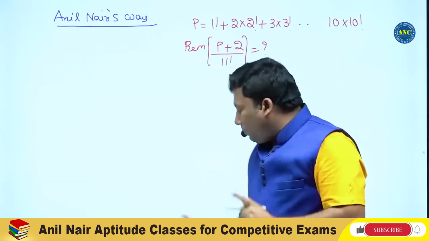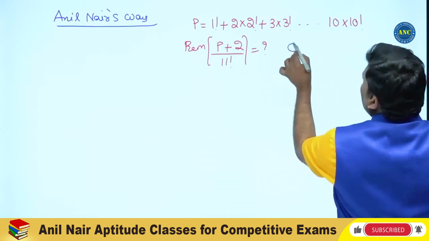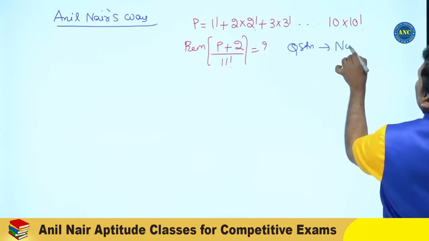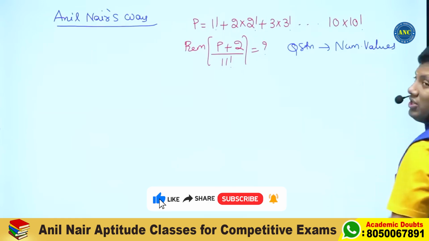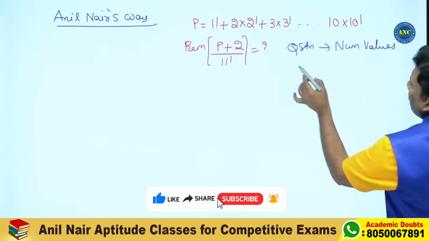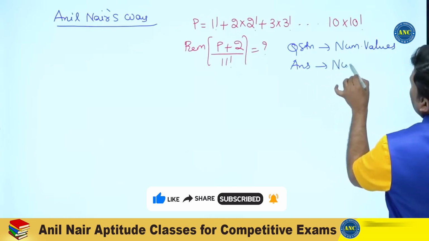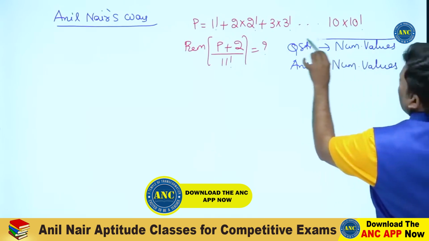Yesterday we discussed one beautiful concept. I will repeat it. If the question contains numerical values, the RHS contains numerical values, it is a collection of numerical values. If the question contains numerical values and the answer contains numerical values, go back and see this question.